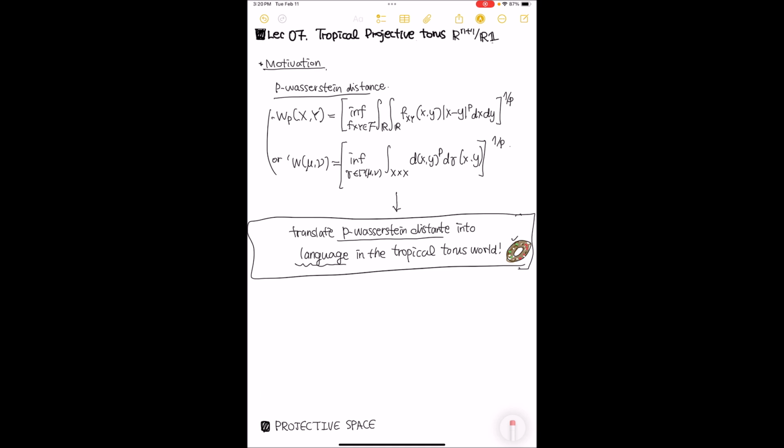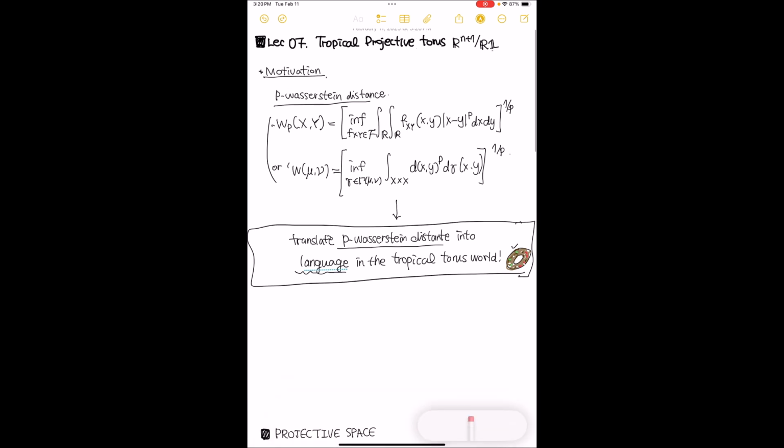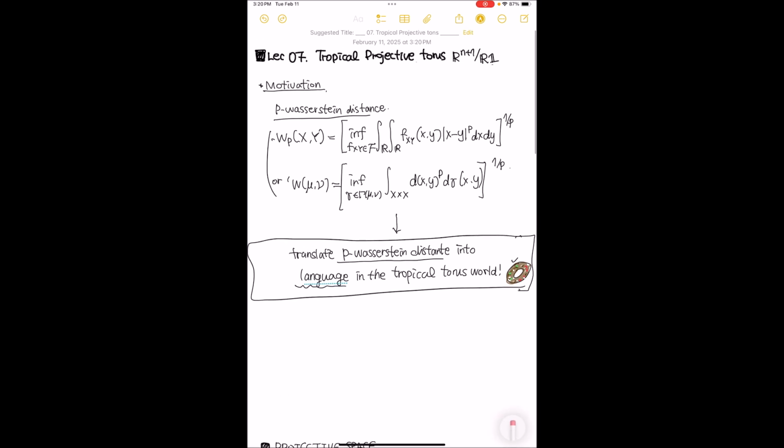However, if we translate the concept of the p-Wasserstein metric into the language of the tropical projective torus, we can understand why this is related to optimal transportation.